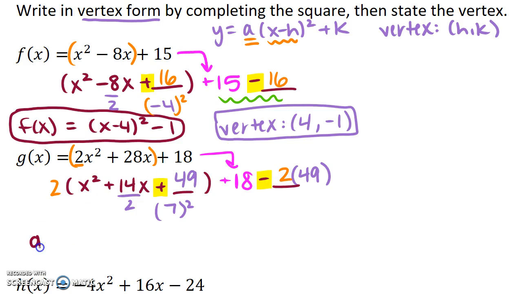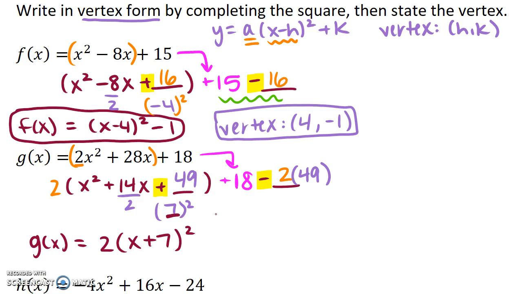Now when you go to complete the square, keep your g of x on the other side. You still have your a value of 2. And just like last time, what multiplies to be 49 adds to be 14? That's 7 and 7. But notice that's the value we had here. So that's a shortcut. When we divide it by 2, that value will always be in the parentheses, squared.